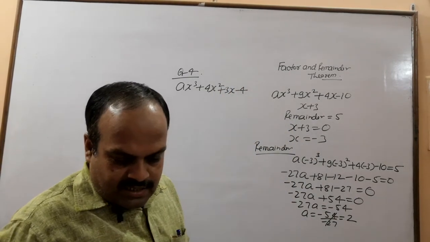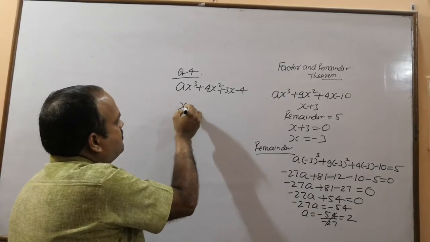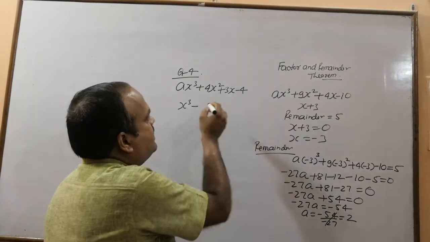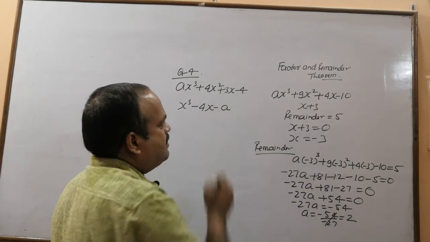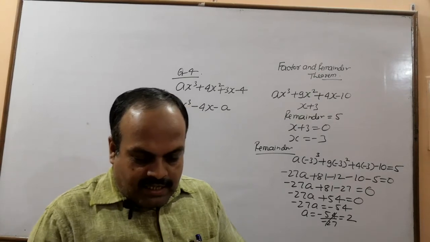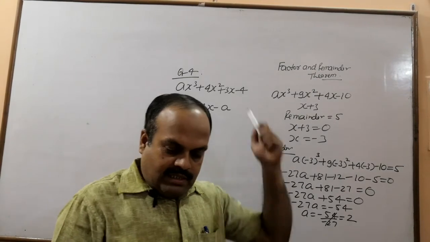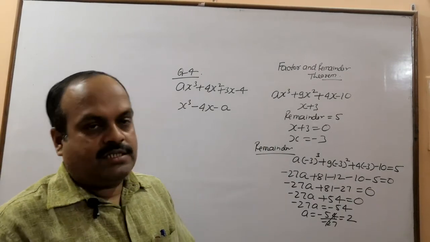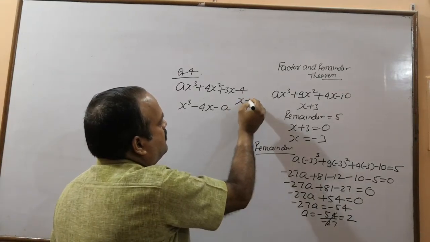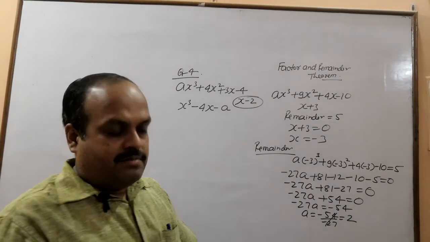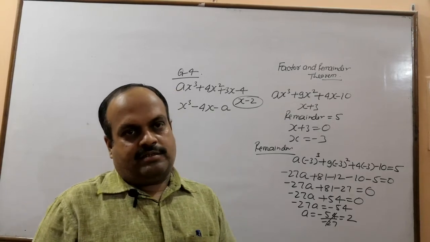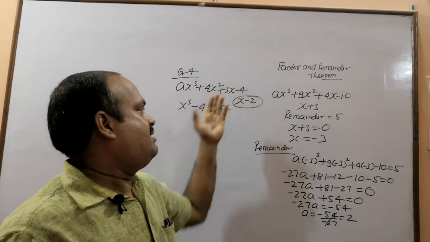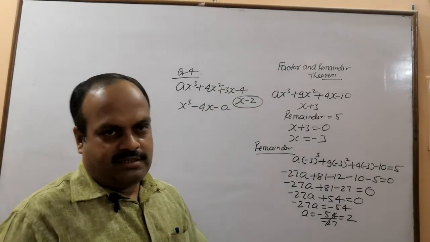Another one is x cube minus 4x minus a. We have two expressions. The question says that when these two expressions are divided by x minus 2, they leave the same remainder. The remainder in this case of division is the same as the remainder in this case of division.